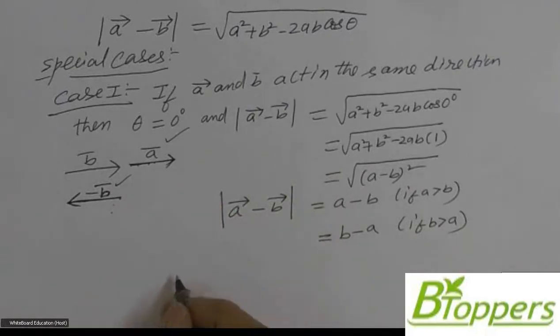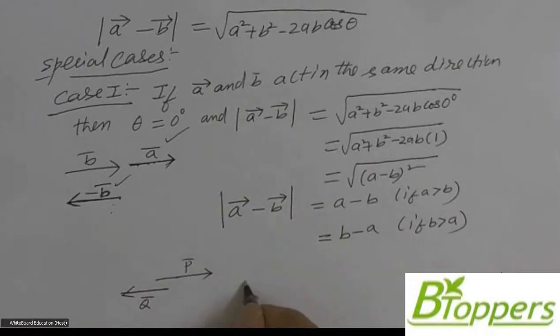As I have discussed earlier, suppose two vectors P bar and Q bar act in opposite directions, but modulus of vector P bar is greater than modulus of vector Q bar. Then the direction of the vector sum or resultant of P bar and Q bar will be in the direction of the vector P bar.